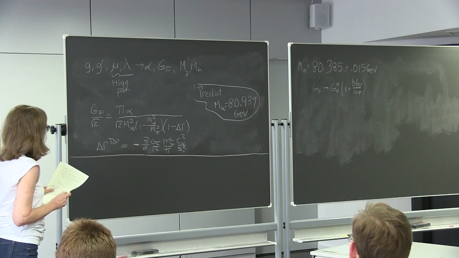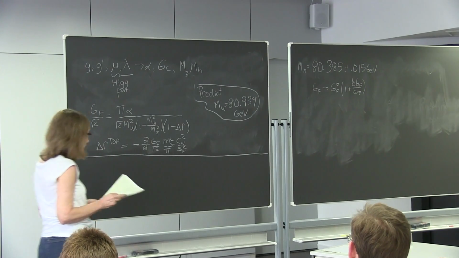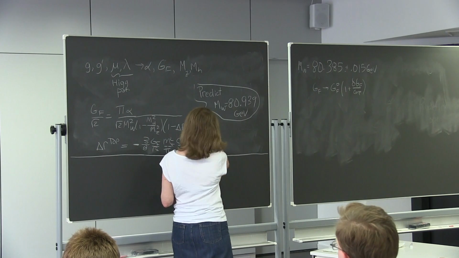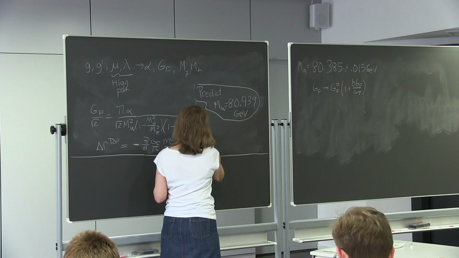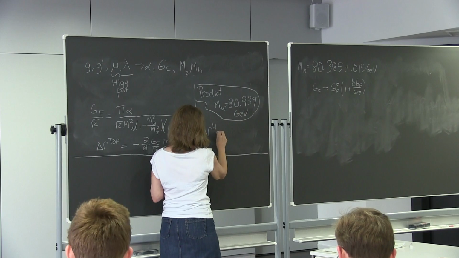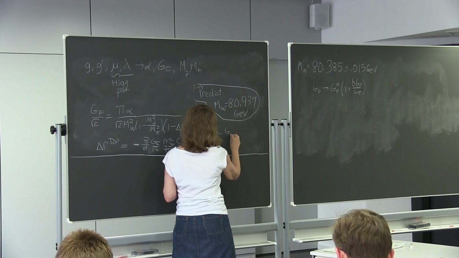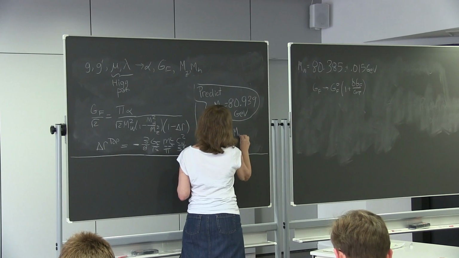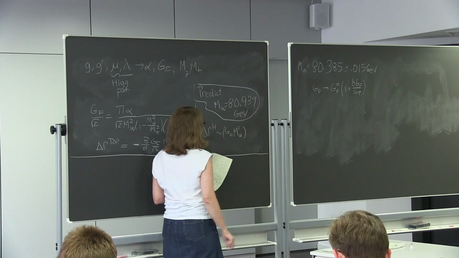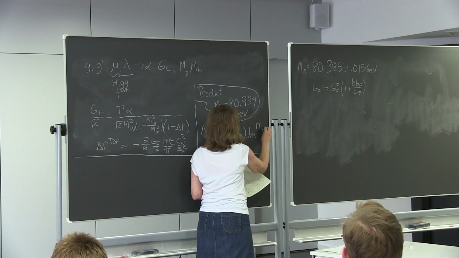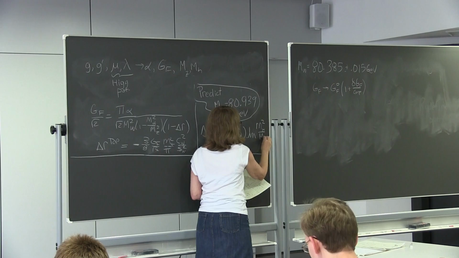Well, that's good, but what about the Higgs? The Higgs also contributes to this renormalization. Delta r from the Higgs goes like, I'm not going to write the factors, they're not that interesting, G Fermi mw squared times the logarithm of m Higgs squared over mw squared.